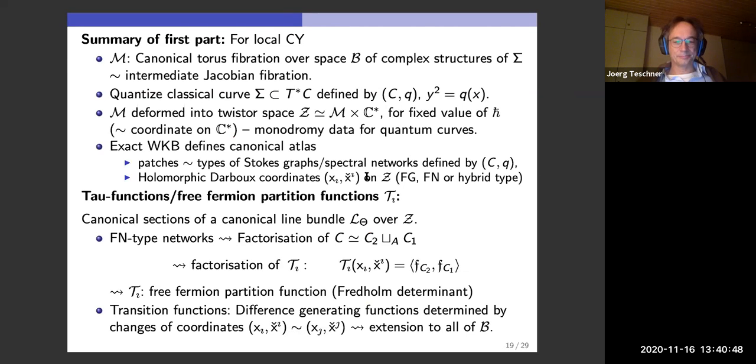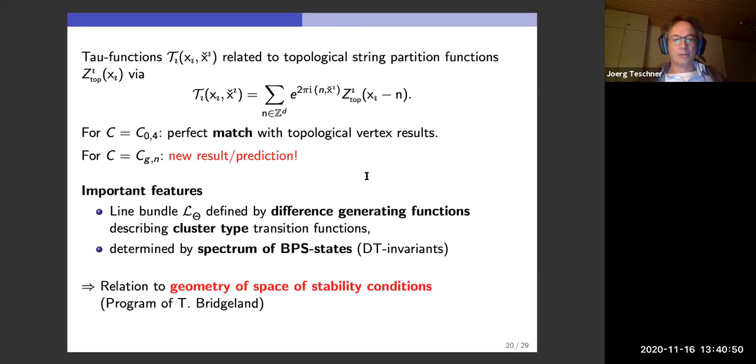Okay, so now these were the tau functions, and then the statement was that we extract the topological string partition functions by these magic type of expansions, and this is what I want to say some more about.